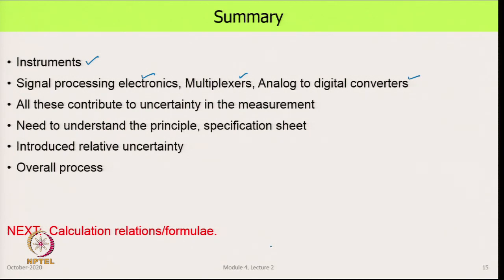We learnt about this because they contribute to uncertainty in the measurement, and also of course, we need to understand this in order to select the instrument. So, when we were looking at different phases of experimentation in the earlier module, in the design stage, this is what comes in.